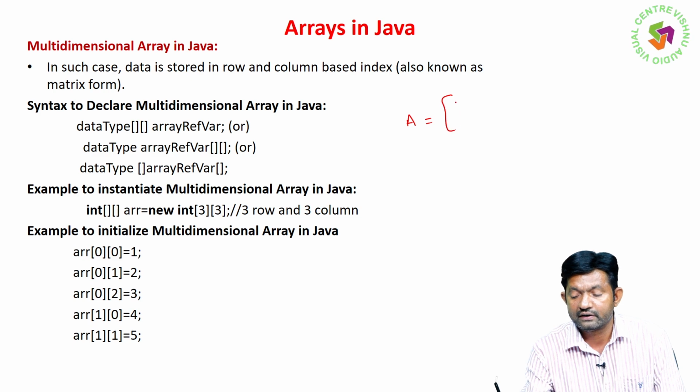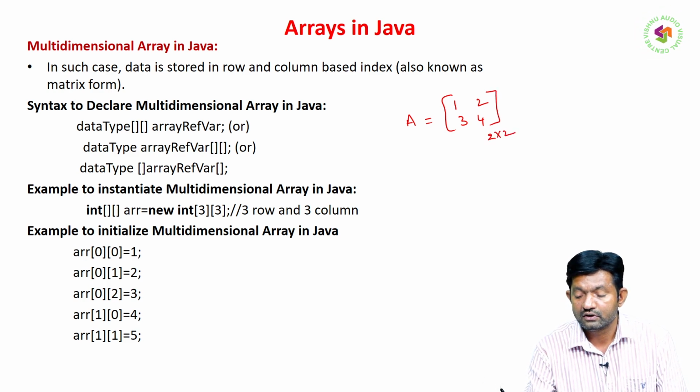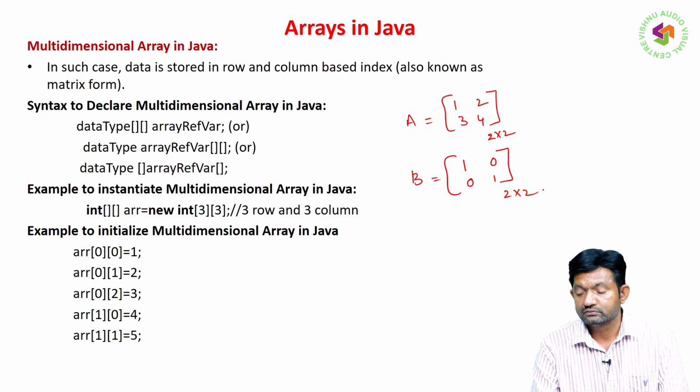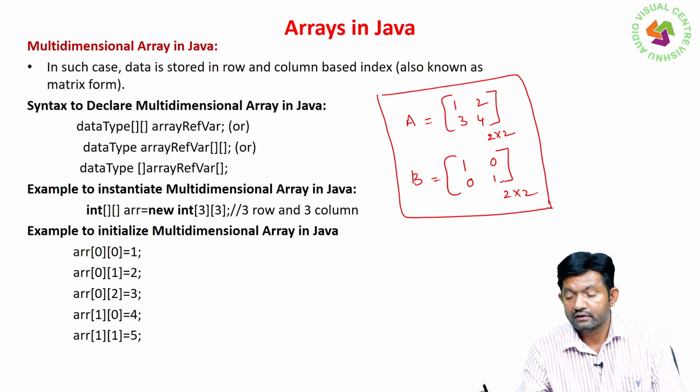Suppose a 2 by 2 matrix 1, 2, 3, 4. The size is 2 by 2. Suppose matrix B representation is 1, 0, 0, 1. It is also size 2 by 2. A is equal to 1, 2, 3, 4 and B is equal to 1, 0, 0, 1.